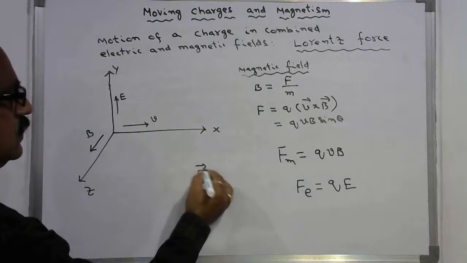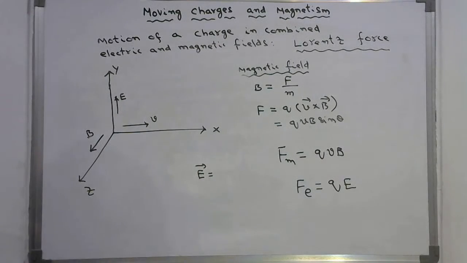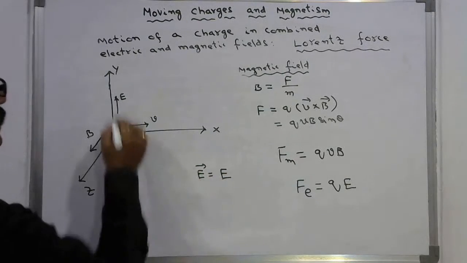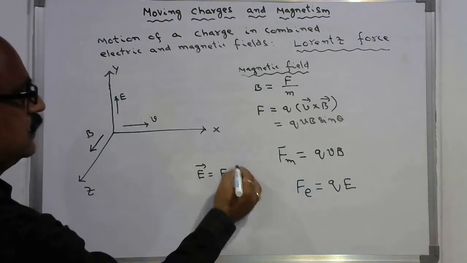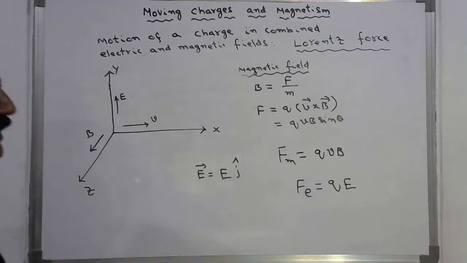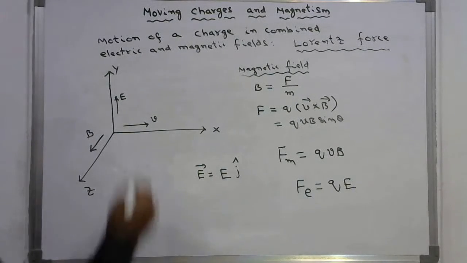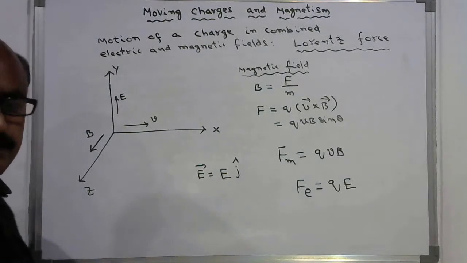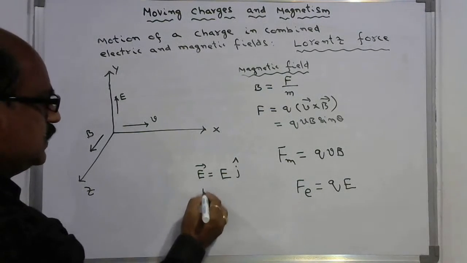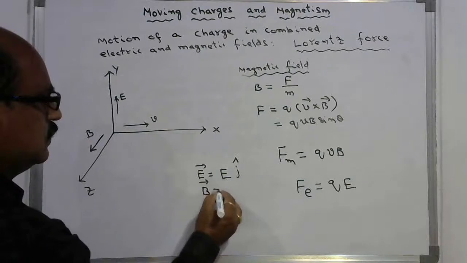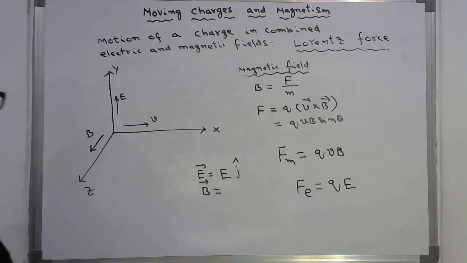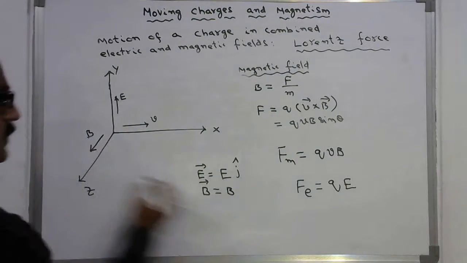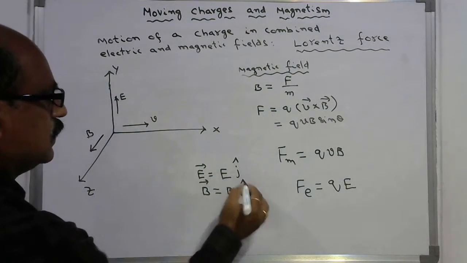E bar is equal to E into the unit vector in the Y axis, that is J cap. B is B multiplied by K cap.